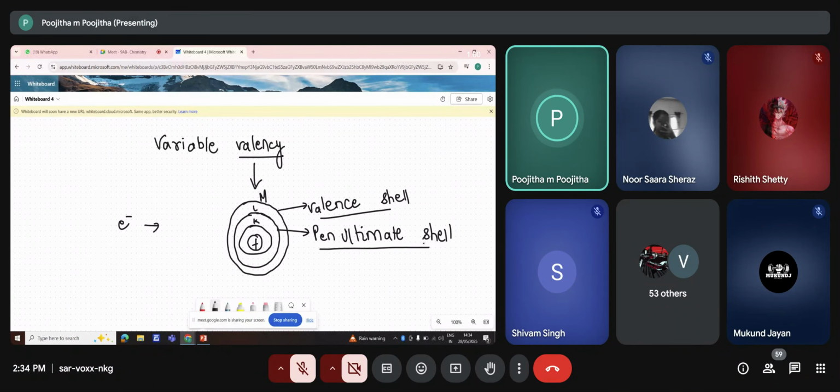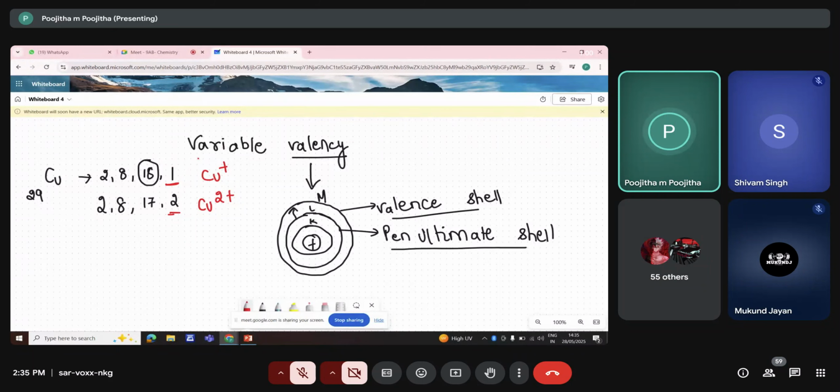So copper can show both the configurations 2, 8, 18, 1 or 2, 8, 17, 2. If the copper atom loses one electron, it will form an ion with a charge of +1. If it loses two electrons, it will form an ion with charge +2. So this results in what? Variable valency. Here you can see copper is showing variable valency of 1 or 2.